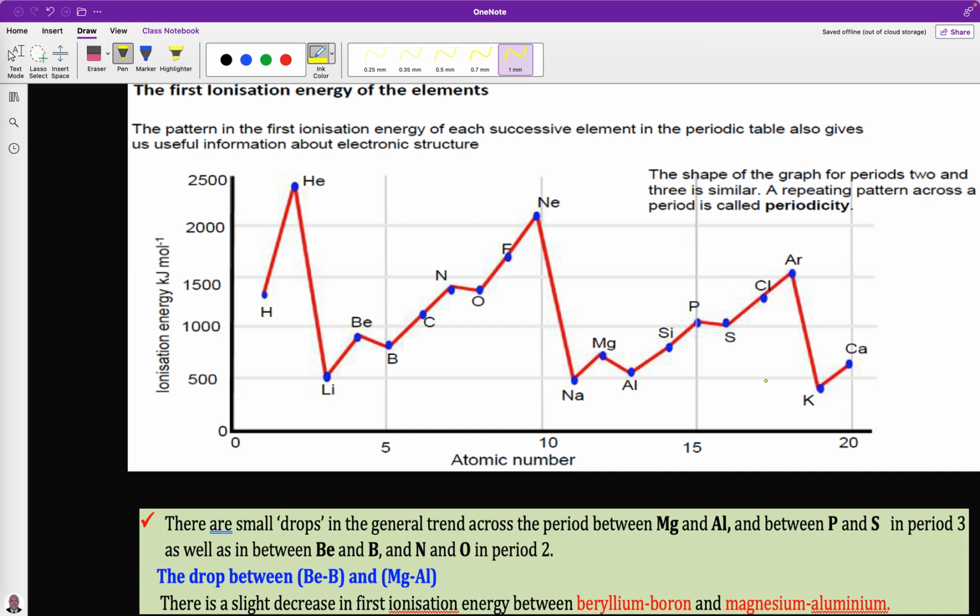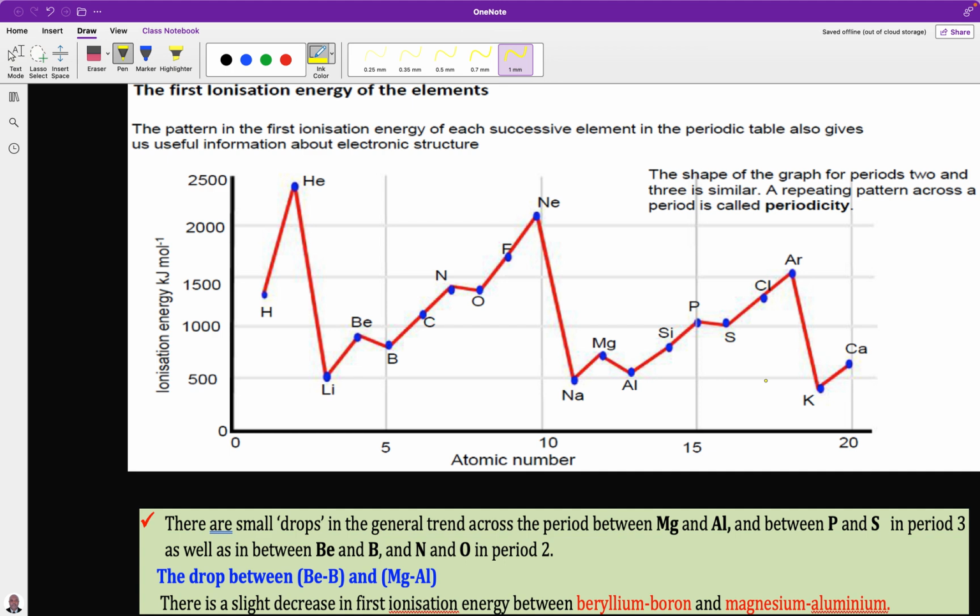The only exceptions are group 13 and group 16. Then we may have to explain why there is a drop.